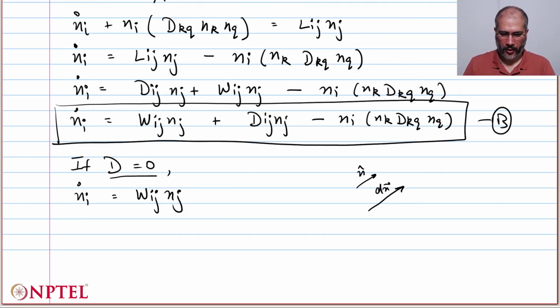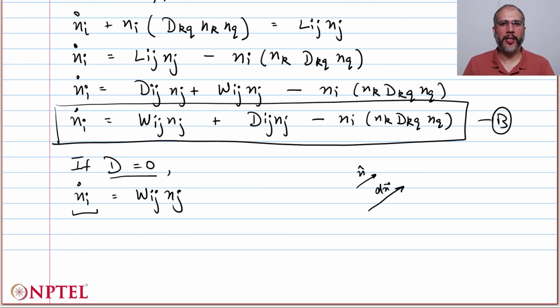And n hat dot is the rate of change of n hat. But remember, we showed earlier, both mathematically and conceptually, that n hat can only rotate. It cannot change its length by definition of a unit vector. So n hat dot is the rate of rotation of n hat.